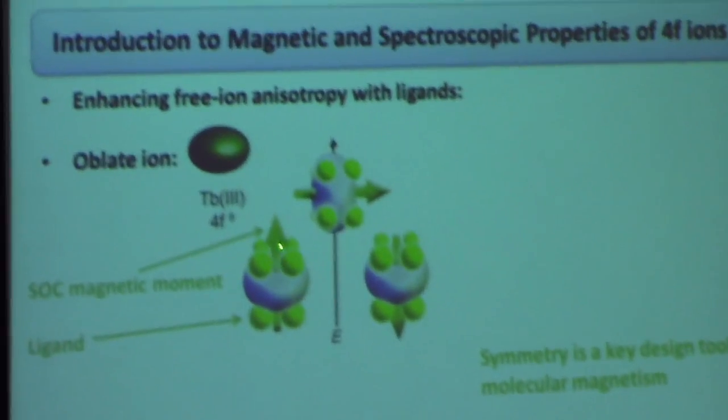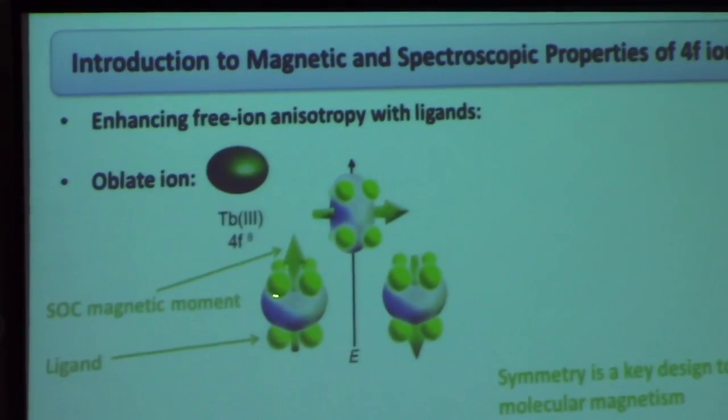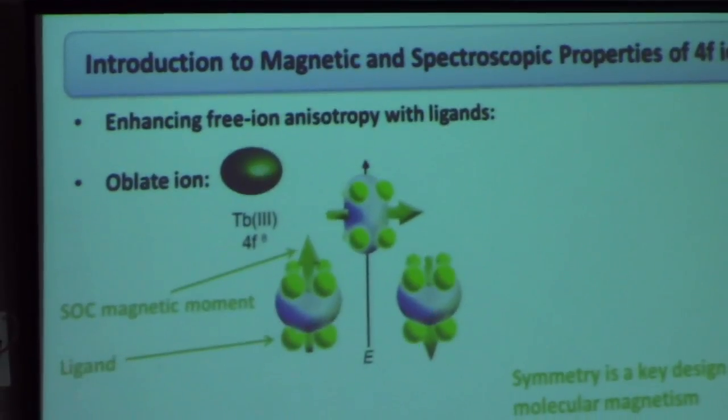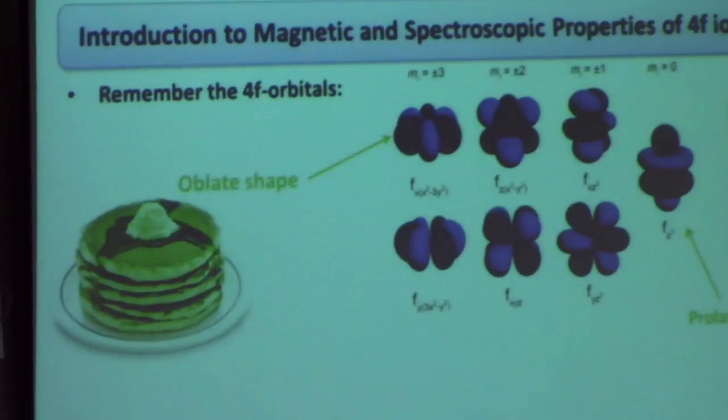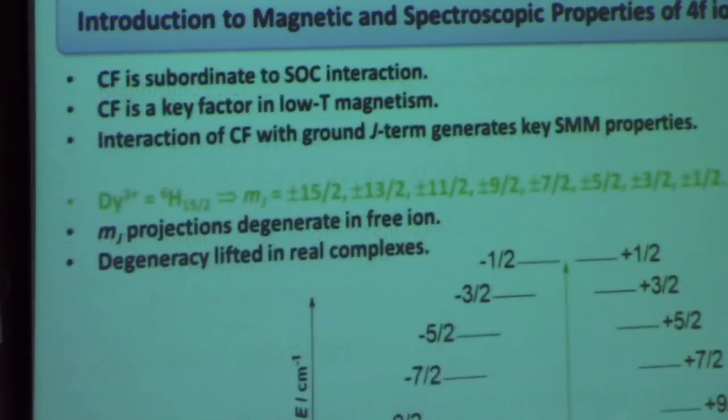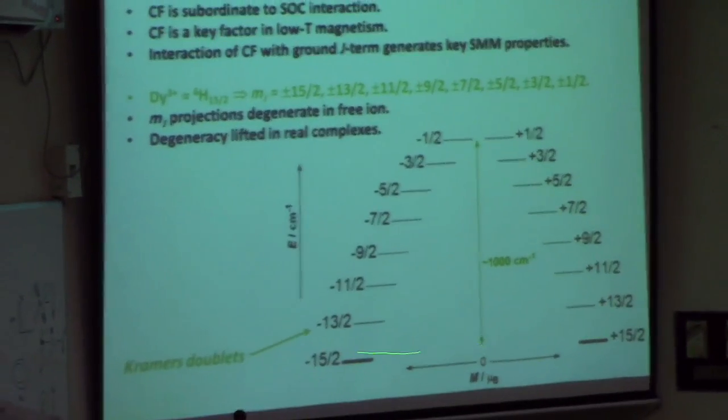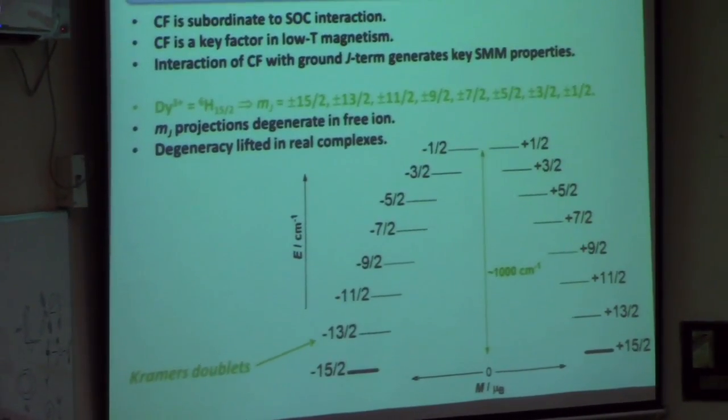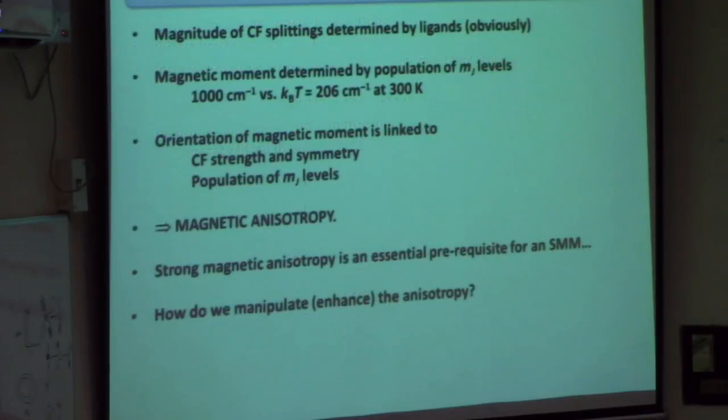So this is the ground state with the spin-orbit coupled magnetic moment pointing up and pointing down. What does that correspond to in terms of what we've seen before? Okay, it actually corresponds to these 2 systems, but with an analogous picture for terbium.